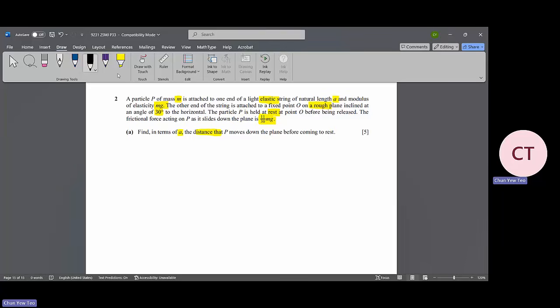Okay, so over here, we will need to have a diagram. At first, you are here. Then after that, when you release from rest, it will go down because of the gravitational force. And it stretches until x and the a.